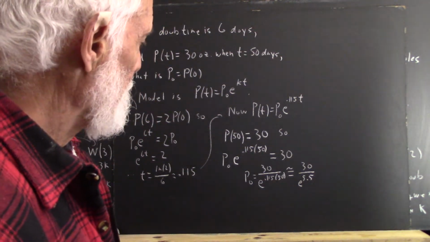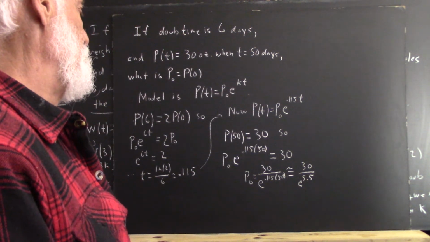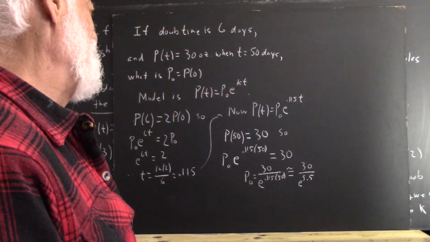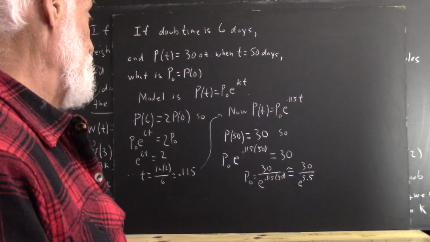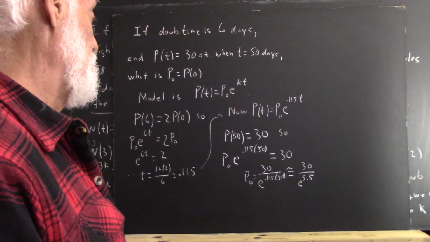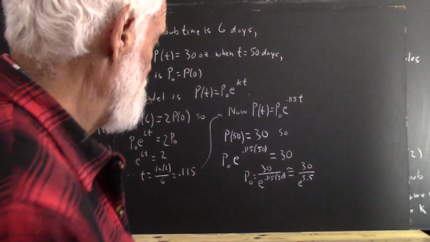Okay. Now e to the fifth is e cubed times e squared, which is about 16 times 7, which is about 112, 125, 130.